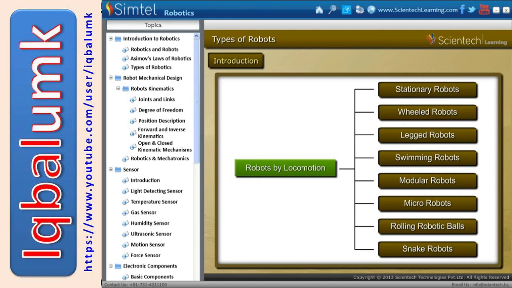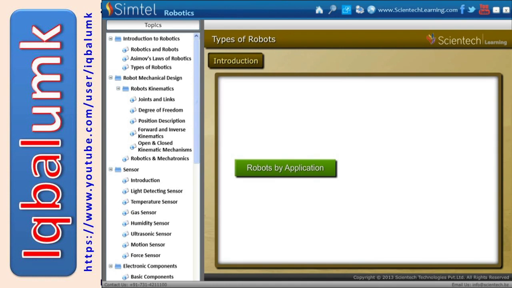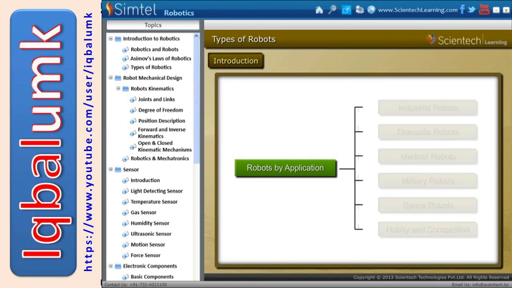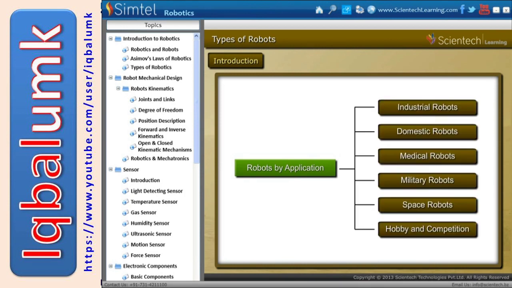These types of robots are shown in an animation. Now, robot by application. It is a hybrid system that can be used to perform an application's task. So in this type, we don't care about shape, and there are various applications of robots in industry, home and also in military.